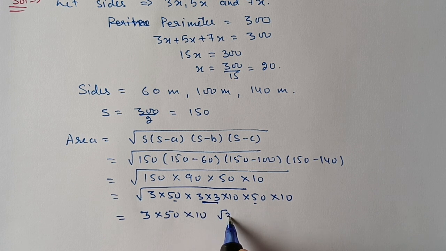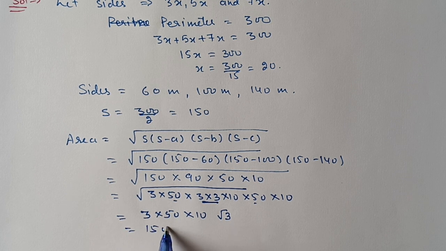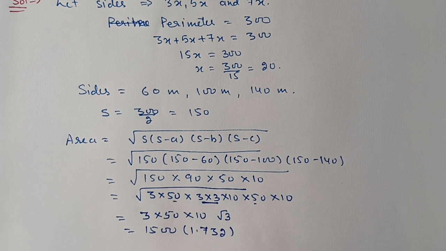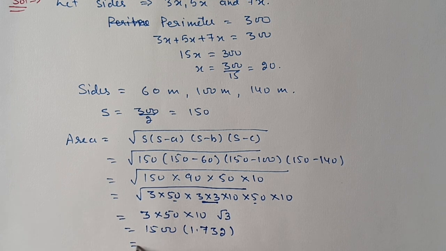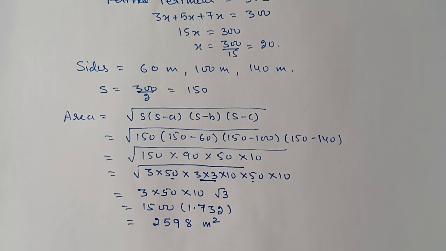And we have root 3. So 3 into 5, 15, into 100, 1500, and the root 3 value you can substitute, and after multiplication we can find our answer. We will calculate the rounded answer. So after rounding off we are getting 2598 meter square.